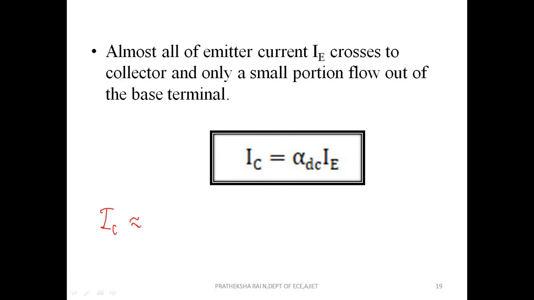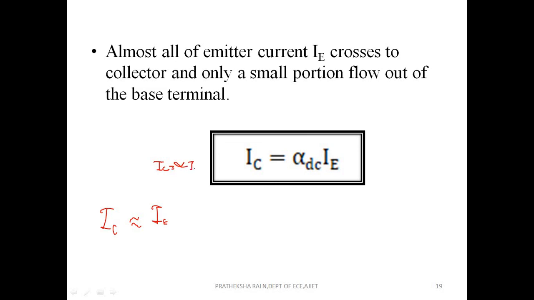So let us take a factor, alpha DC, which is the fraction that makes the collector current almost equal. So IC will be written as alpha into IE.